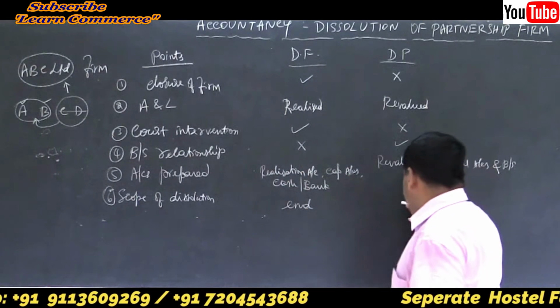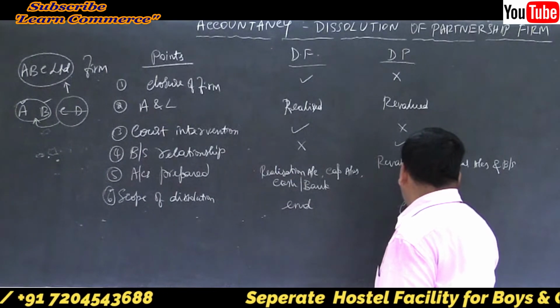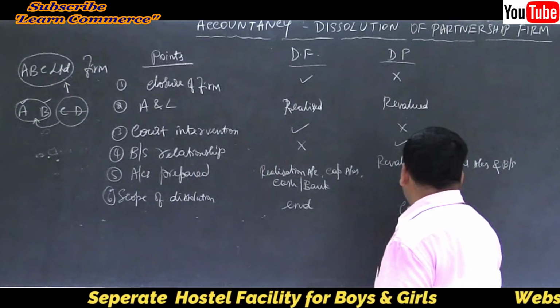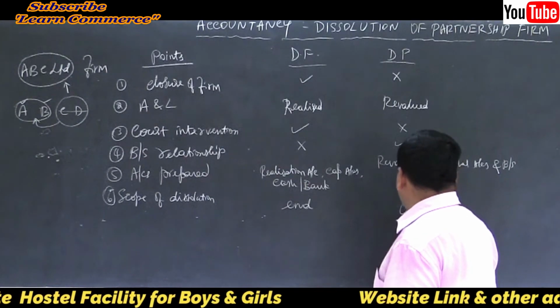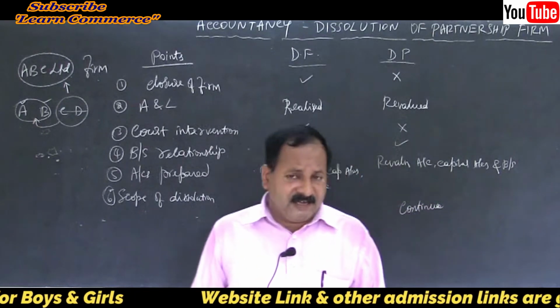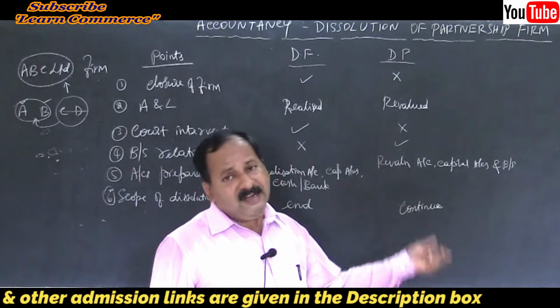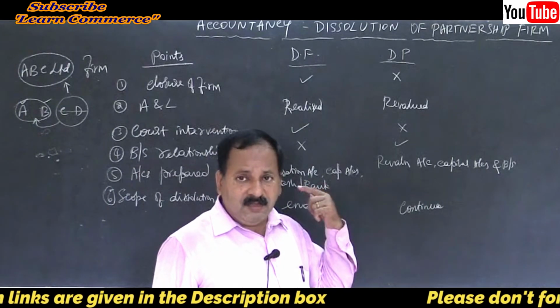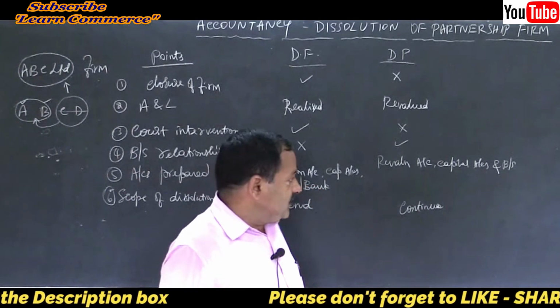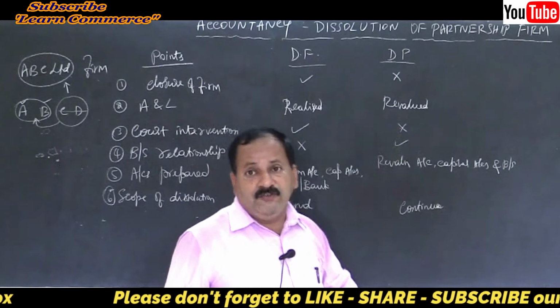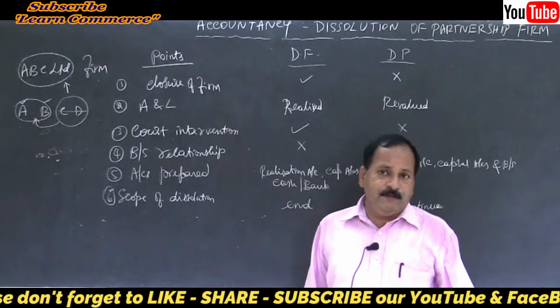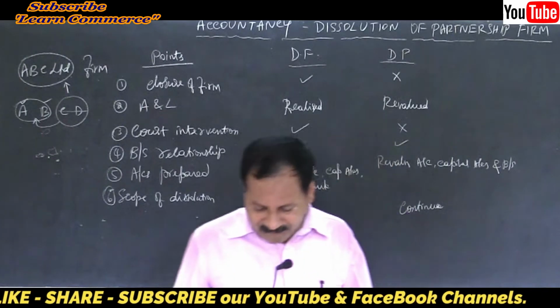Here, the firm may or may not continue. If there are not a sufficient number of partners, then it gets closed automatically. Otherwise, the firm will continue after reconstitution. So that is the distinction between the dissolution of partnership and dissolution of a firm. Is it clear now? Yes.